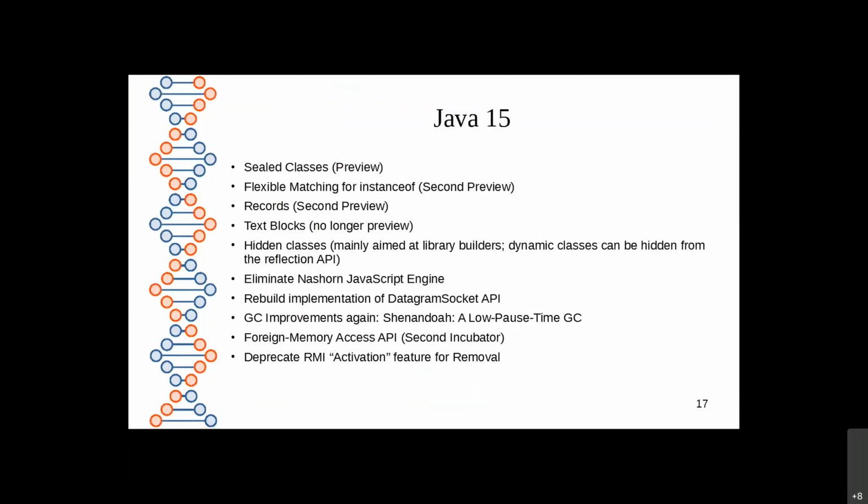Something called foreign memory access, and that is the ability, if you're mixing Java code with some other language that uses its own memory allocator, to access that memory from within Java. And finally, they deprecate one feature of RMI. RMI is the remote method invocation for network access to Java code.